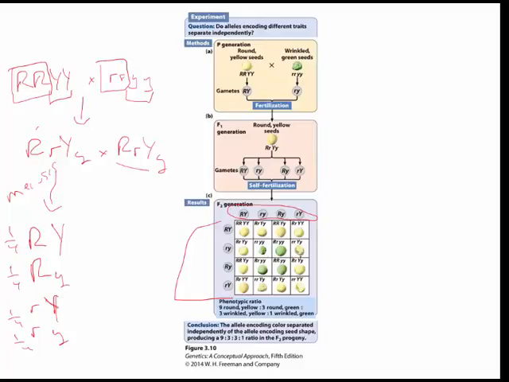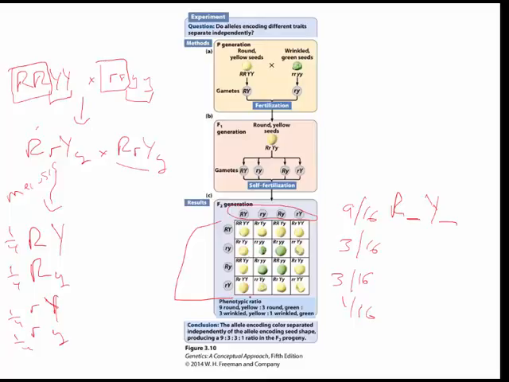And then if you fill these in and look at all your different combinations, you get 9/16, 3/16, 3/16, 1/16. And if you look at these, what we end up with is a 9/16 of anything that gets a big R, and then either a big R or a little r, and gets a big Y, and then either a big Y or a little y.